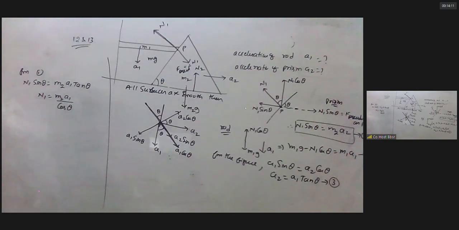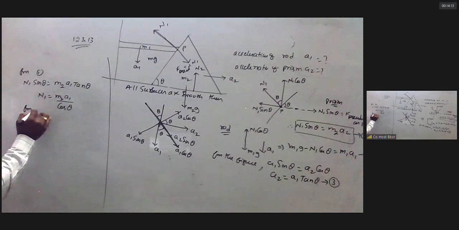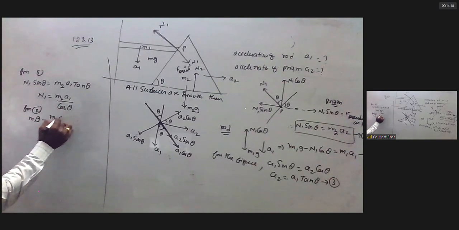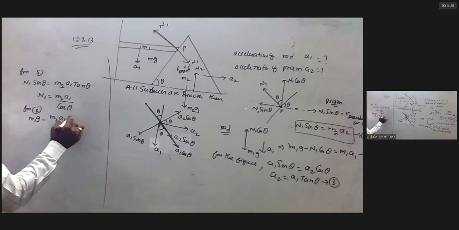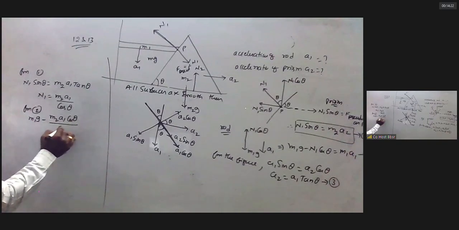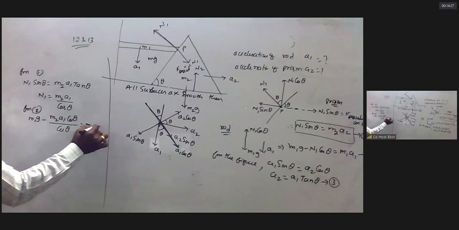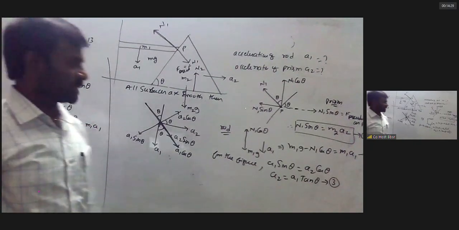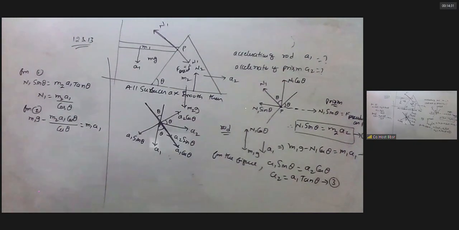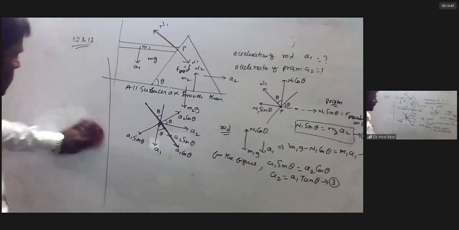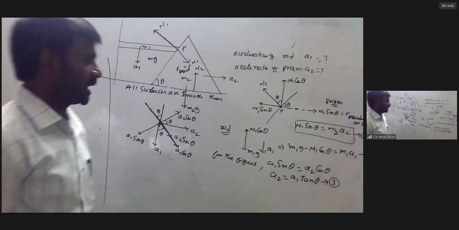So now from 2, M1G minus N1, means M2 A1 cos theta upon cos theta equal to M1 A1. I think we have made a mistake. Any mistake we have made? I think we have made a mistake in the components. Check now.